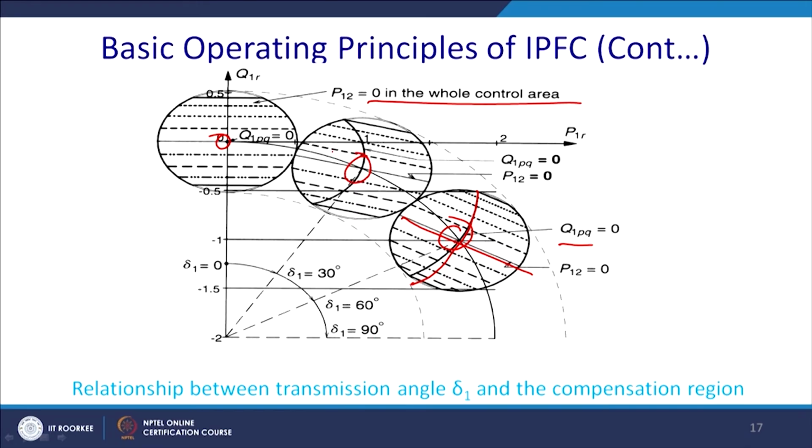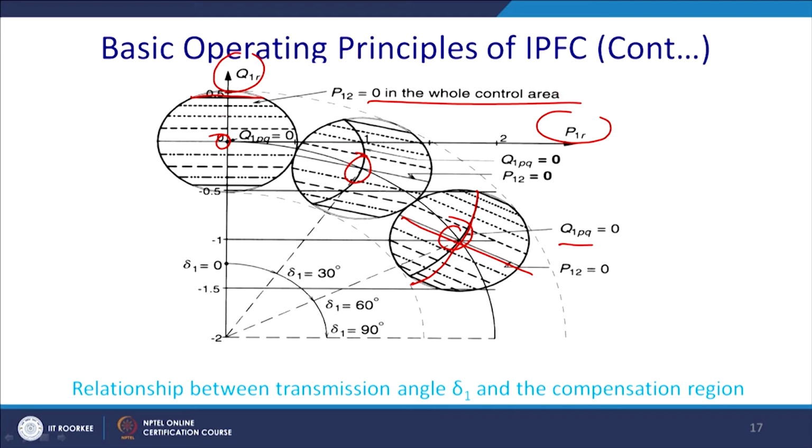In that way, you can see that this is basically the PR and QR, and this is a line at 0.5 per unit. This is the line where P12 equals 0 and whole controllable area.